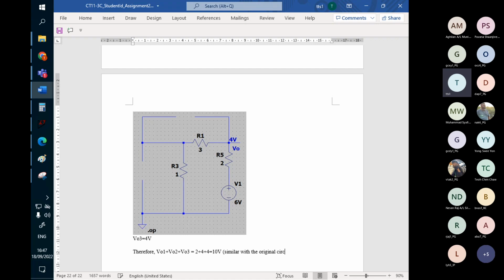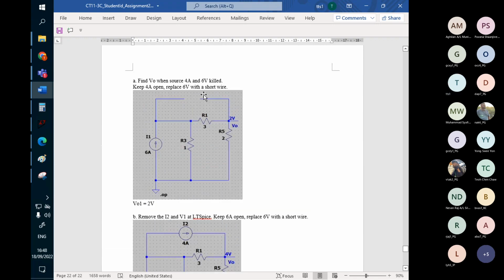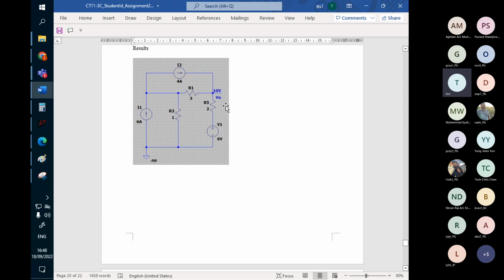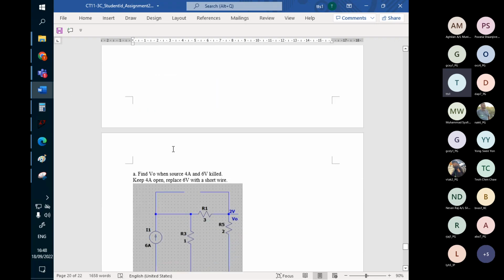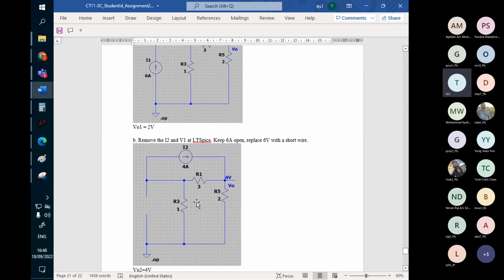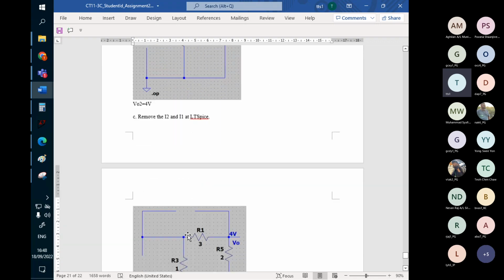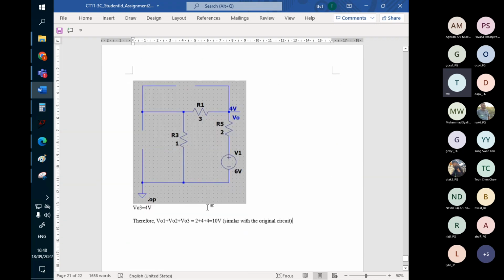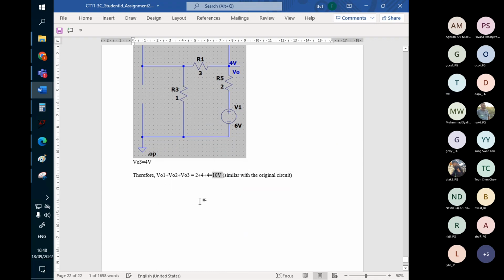What we mean by original circuit is the circuit without using superposition. The original circuit shows 10 volt. By keeping everything in, it should be 10 volt. But if we use superposition, we remove two sources at one time, and then we sum all the output voltages, we should come to the same result.